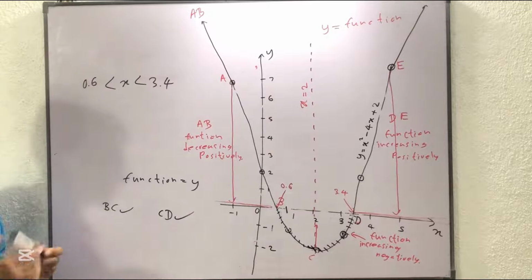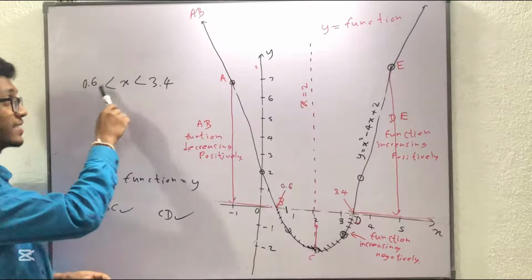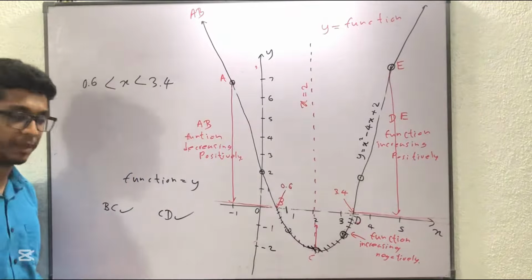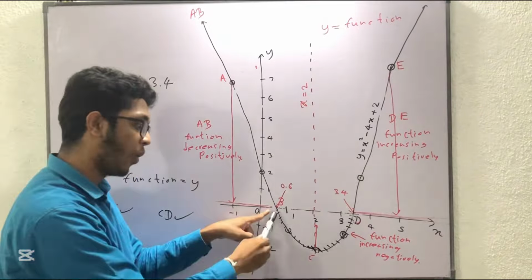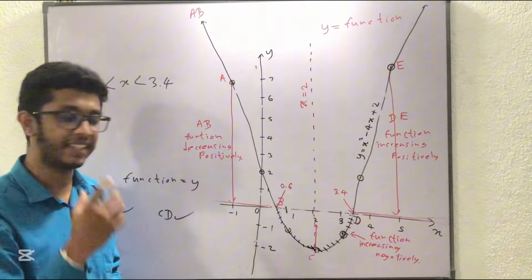So the x value range for the function which is negative means x greater than 0.6 and less than 3.4. Actually, all the x values which belong to this part are in that range.